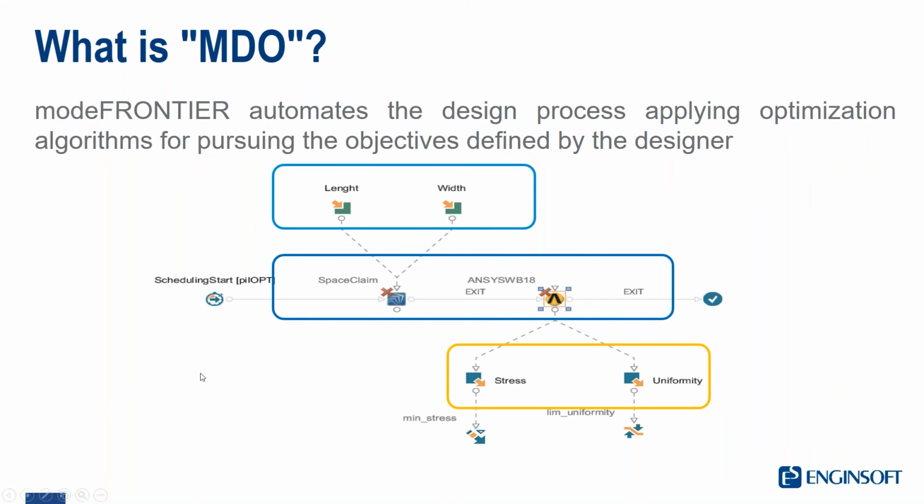Then you have to define a strategy. It means that you can run just a single design, a single shot, to evaluate some modification, or you can run a design of experiments in order to evaluate sensitivity analysis between input and output, or you can run a complete optimization loop in order to find the best compromise solution.